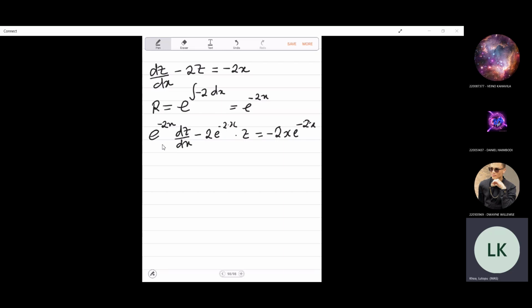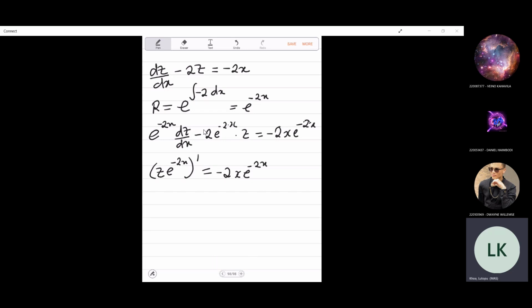Okay, and then on this side here, we can rewrite this as (z e^(-2x))', and on the other side we have -2x e^(-2x).